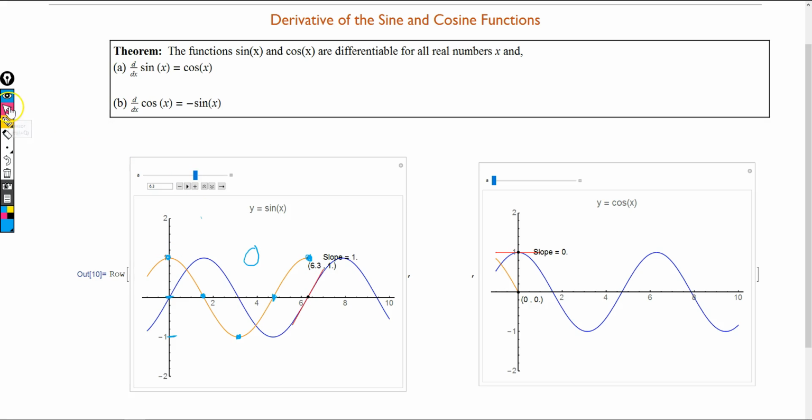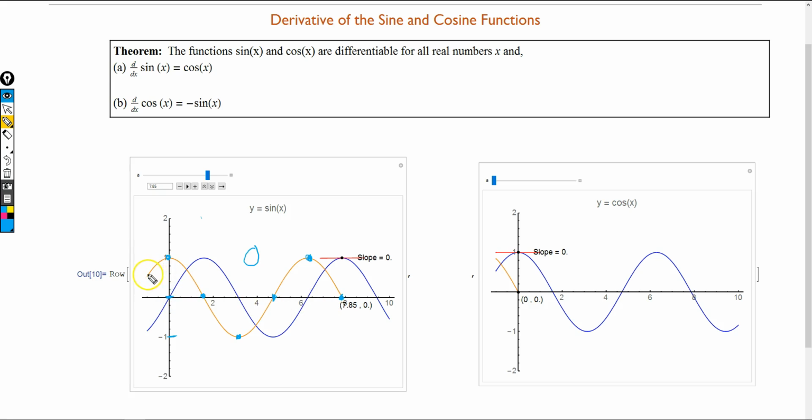And then continuing right to this point. Alright, so right there, that line has a slope of 0, so we would plot this point on the graph of our derivative function. Notice that has a y-coordinate of 0.